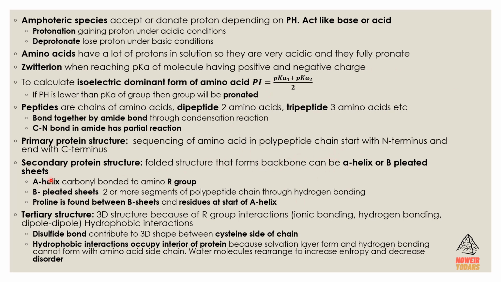Next, you have the secondary protein structure, which is a folded structure that forms the backbone of the protein. So you can have it as alpha helix or beta pleated sheets. The alpha helix is carbonyl bonded to amino groups, and the beta pleated sheets are basically two or more segments of polypeptide that connect through hydrogen bonds.